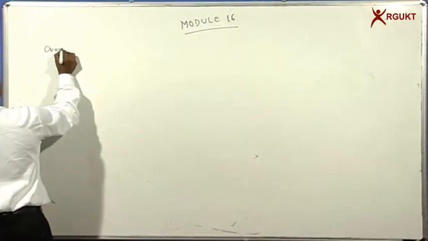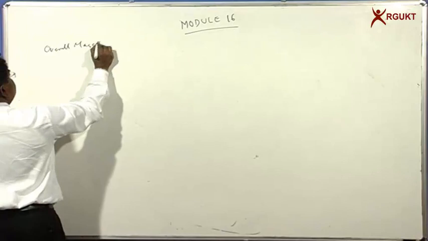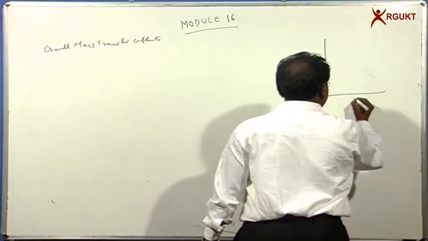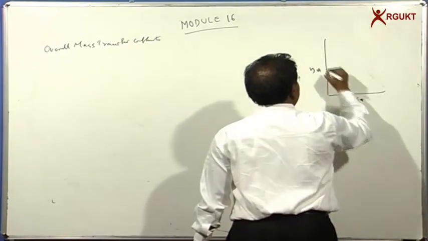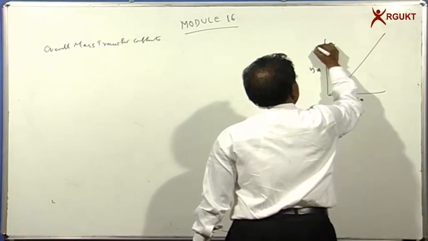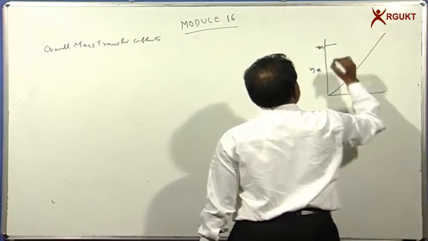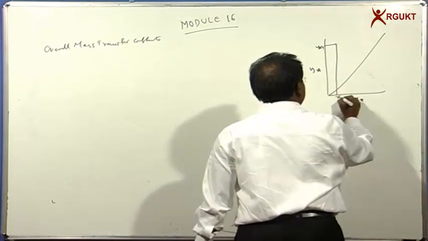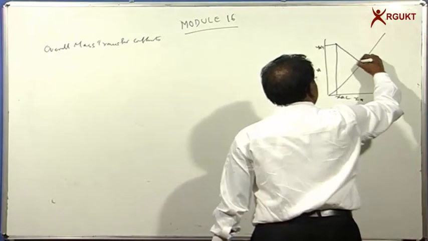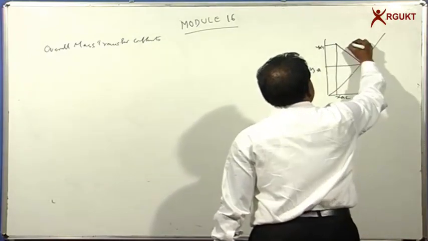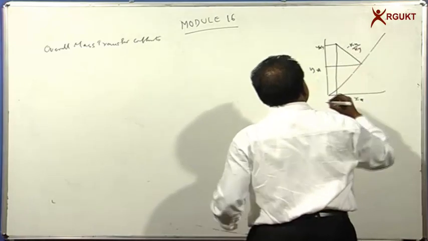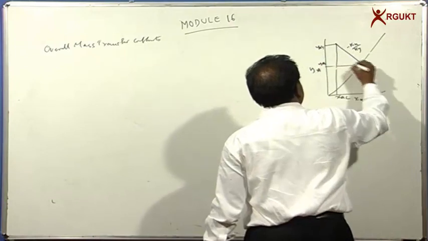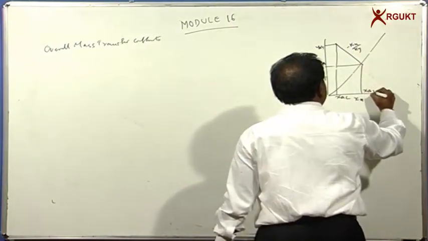If you can recall what we did in the previous class, where we have XA and YA, with YAG the concentration in the bulk of the gas and XAL the concentration in the bulk of the liquid, the interfacial concentration can be estimated if you know the mass transfer coefficient for the gas phase and the mass transfer coefficient for the liquid phase. This becomes YAI and this becomes XAI.